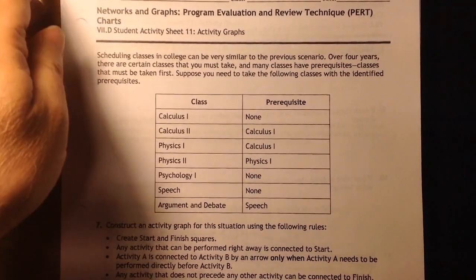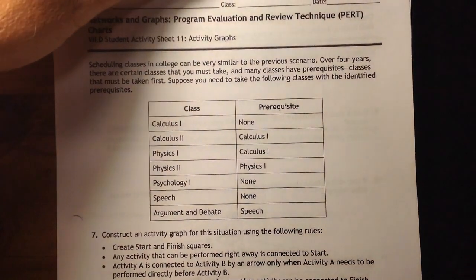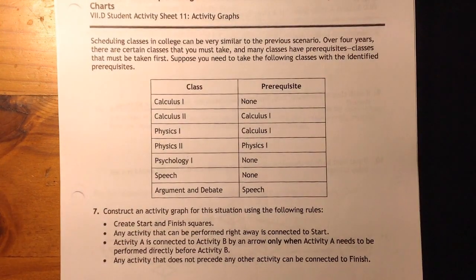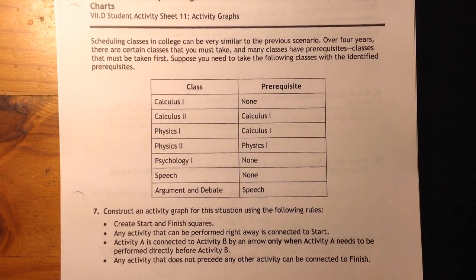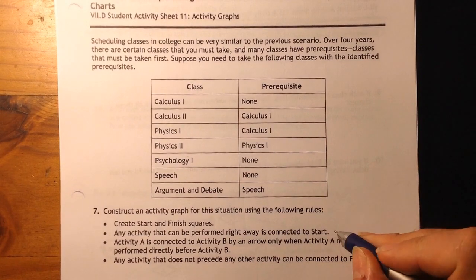So now you are to construct an activity graph for this situation using the following rules. Create start and finish squares. Any activity that can be performed right away is connected to start. In other words, those without prerequisites.